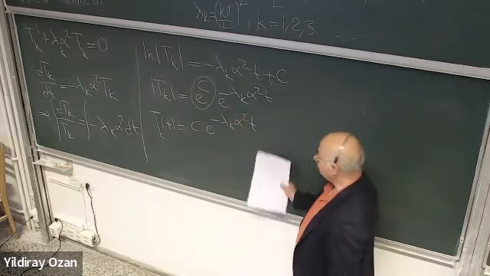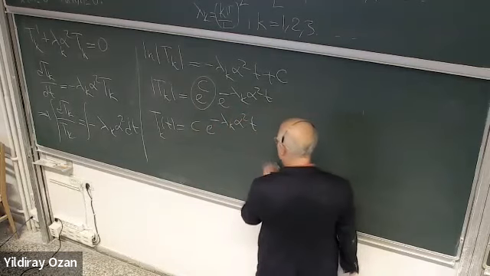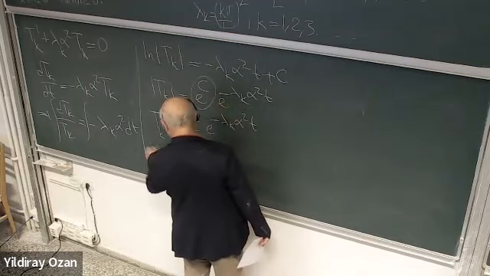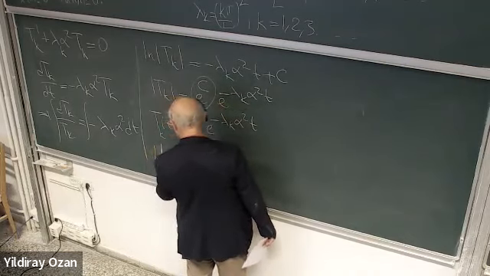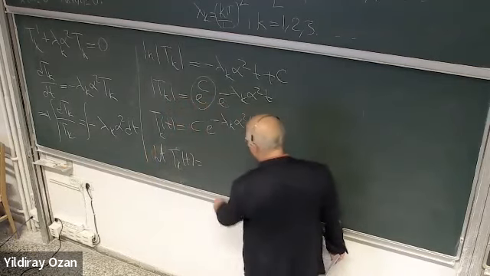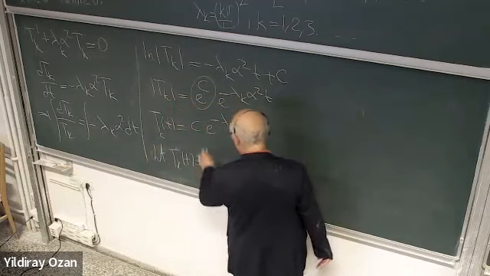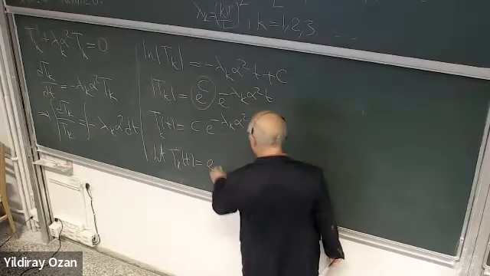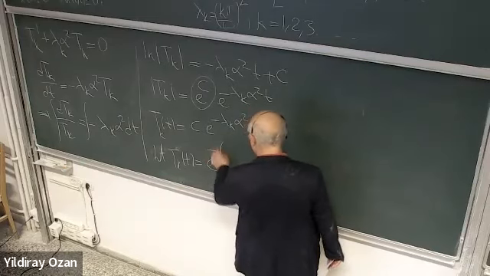So that would be the solution. Of course, I can write it like this, but let me take this constant to be 1 for the time being. Later I'll multiply this by an arbitrary constant. So let me just do it like this.